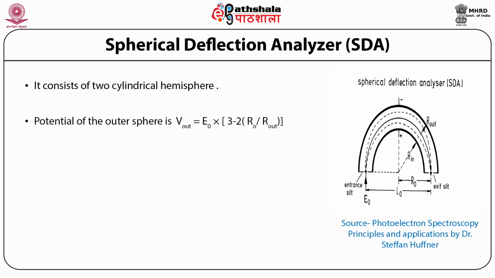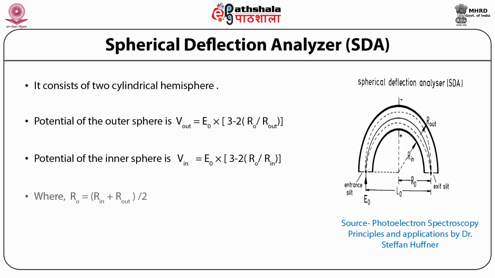Potential of the outer sphere is V out, which is equal to E naught into 3 minus 2 into R naught upon R out. Potential of the inner sphere V in is equal to E naught into 3 minus 2 into R naught upon R in, where R naught is R in plus R out divided by 2.